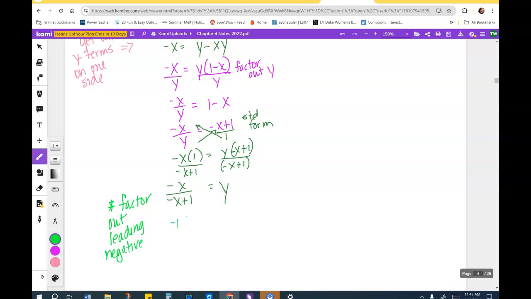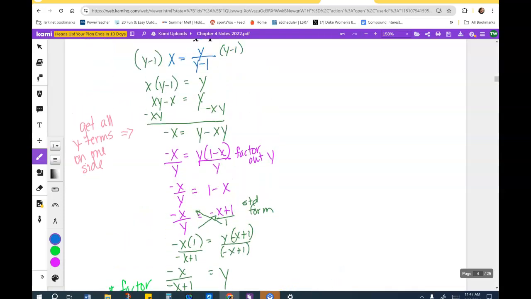All right, so I have a negative 1 times x here, and then I have a negative 1 times x minus 1 here. And so those negative 1s are going to cancel, so my y is x over x minus 1, which means my inverse function is x over x minus 1.